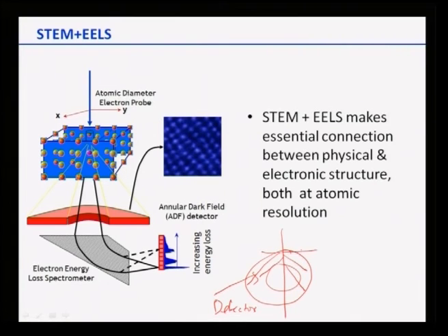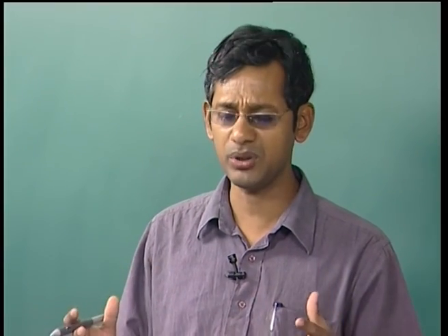The sample is here, and I know that different atoms have different scattering power. So therefore I can image the atoms in a high resolution microscope. At the same time, if I take yields from each of these atoms, I can detect what atom is present. So by using STEM together with yields, one can determine the atoms in the high resolution electron microscope, which was not possible so far.